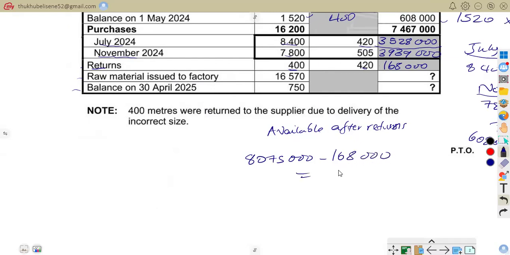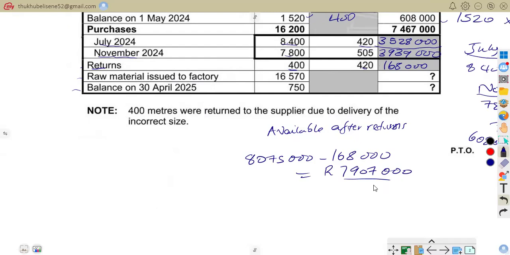And this will give us 7,907,000. So that is that. Hope we are together on that.